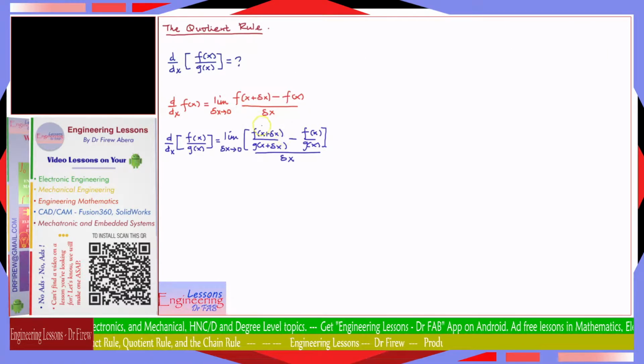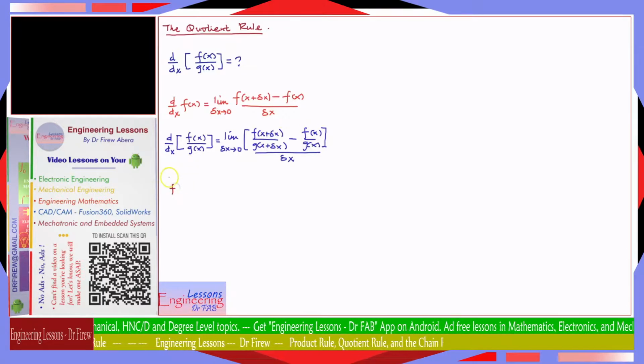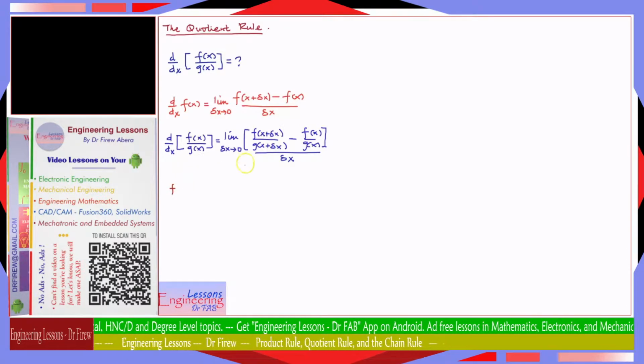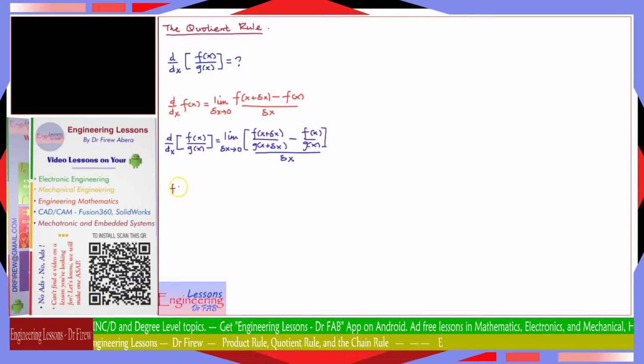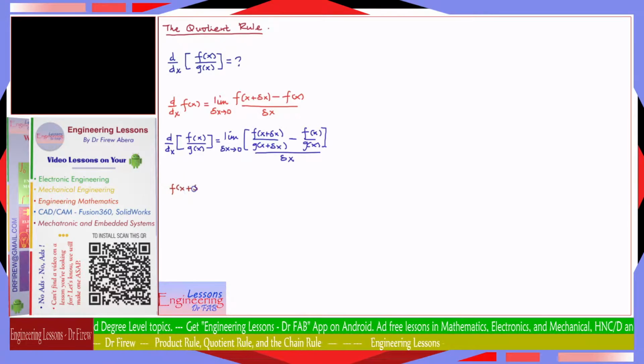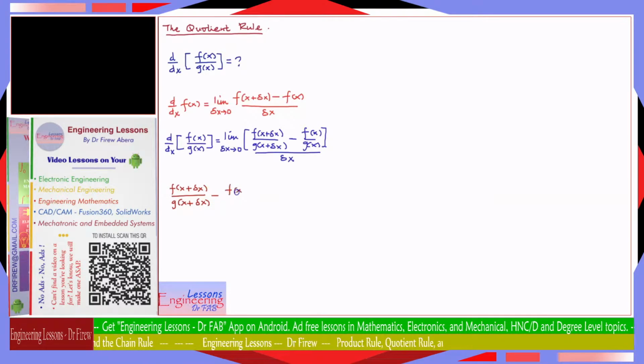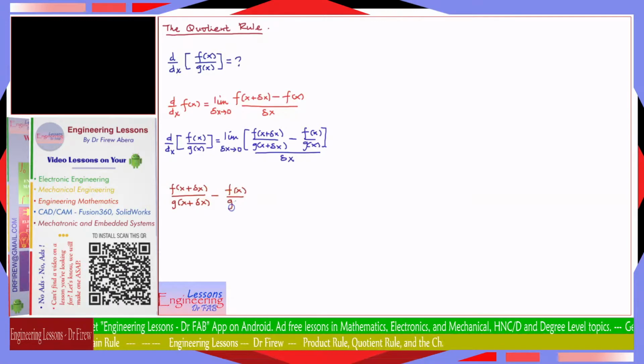Now let us concentrate on the numerator part of this expression and try to re-express it in simpler form. That is f of x plus delta x over g of x plus delta x, minus f of x over g of x.